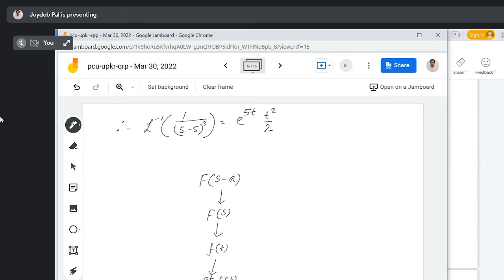Fine. We can write one more line here. That is a problem type. Laplace inverse of f of s minus a.